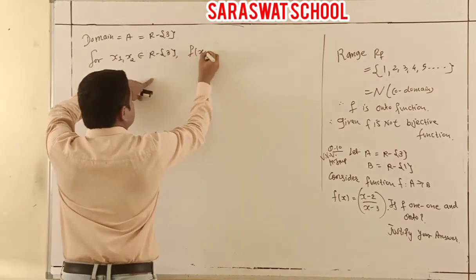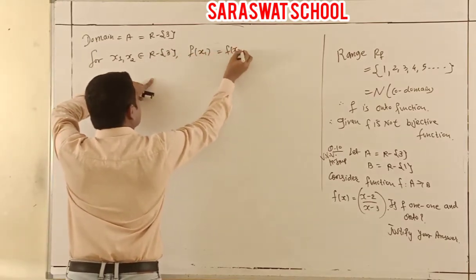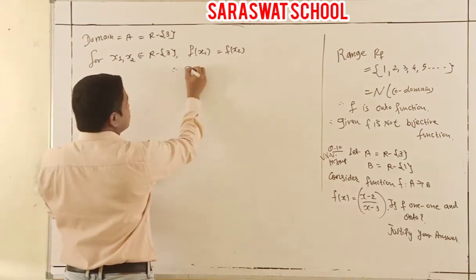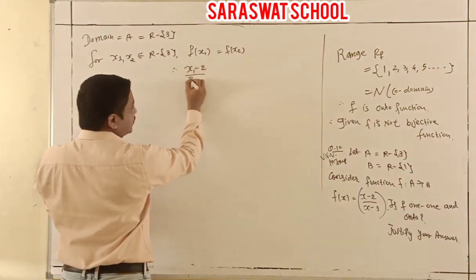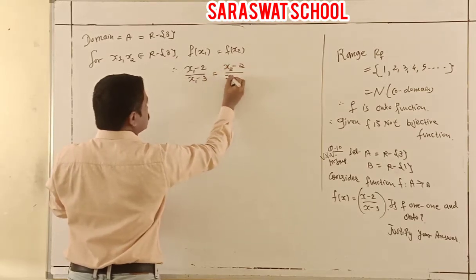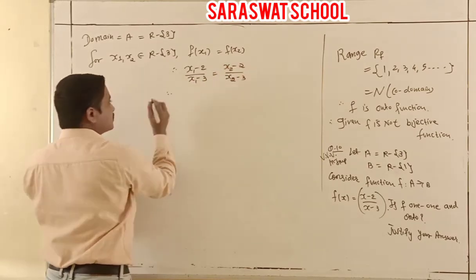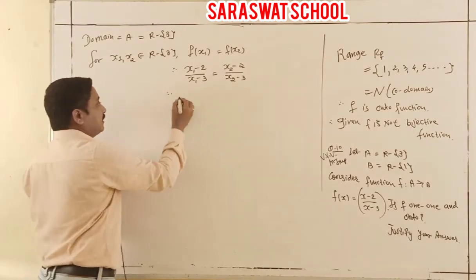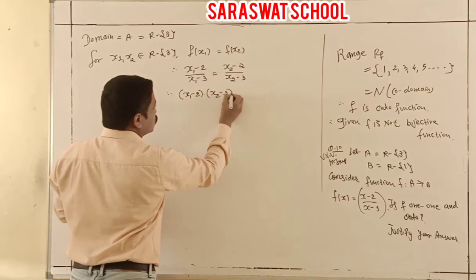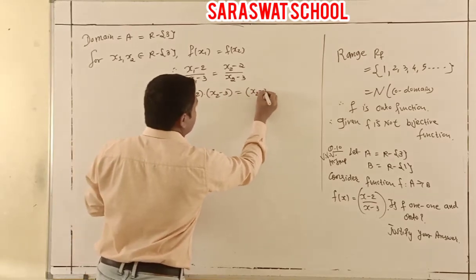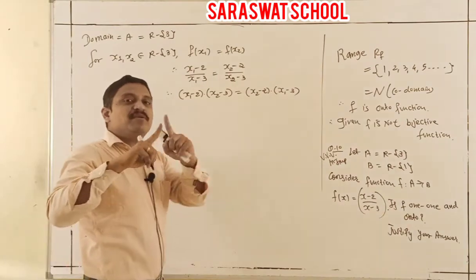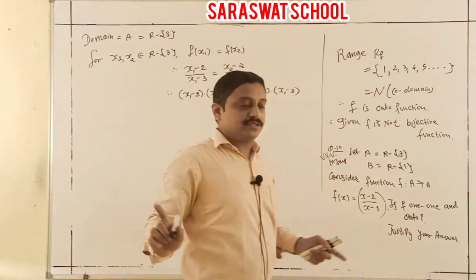Definition wise, f of x1 is equal to f of x2. Applying f(x), this is your f(x): x1 minus 2 by x1 minus 3 is the same as x2 minus 2 by x2 minus 3. Now making the cross multiply, (x1 minus 2)(x2 minus 3) is the same as (x2 minus 2)(x1 minus 3). And you just simplify after multiplications.